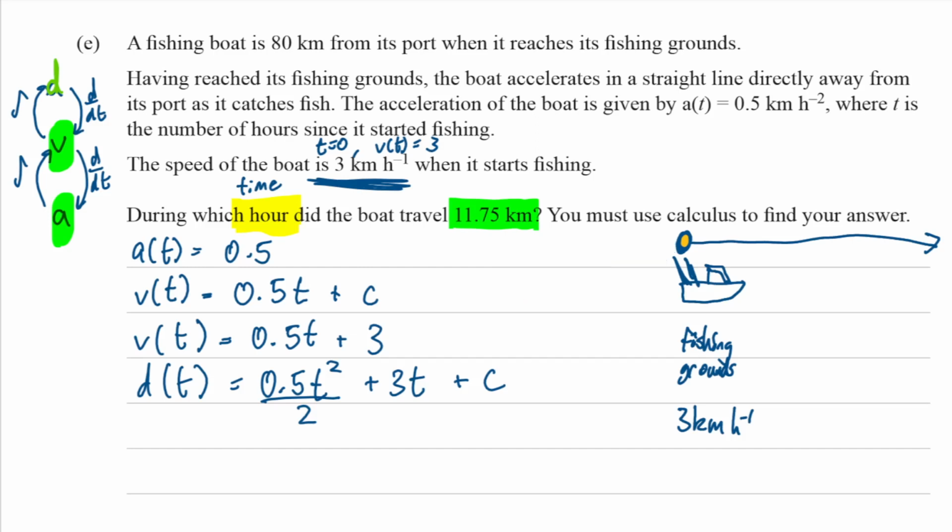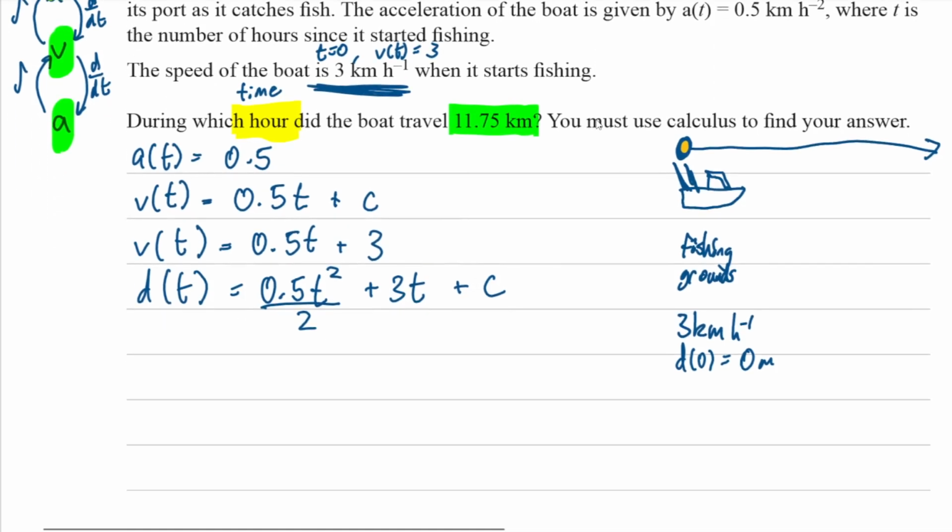However, I've just ignored the port because it's not relevant to the boat traveling in the fishing grounds. So actually our initial distance at time 0 is 0, because we start the stopwatch as the boat enters the fishing ground. If you used plus 80 here, absolutely fine.